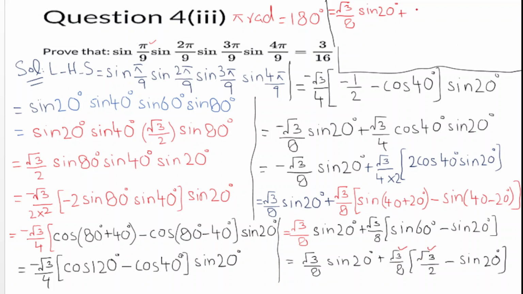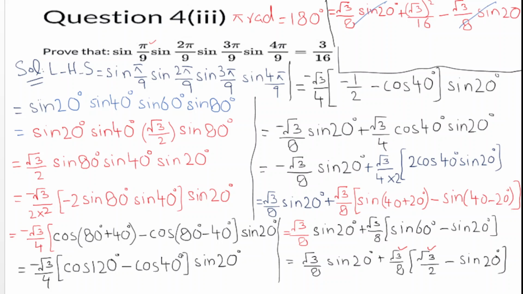Yes, so I will write here square root 3 whole square like this. And underneath it will be 16. And then the negative sign as it is, and then square root 3 by 8 sine 20. So when you see this very carefully, what you will find, two things are the same but opposite sign.